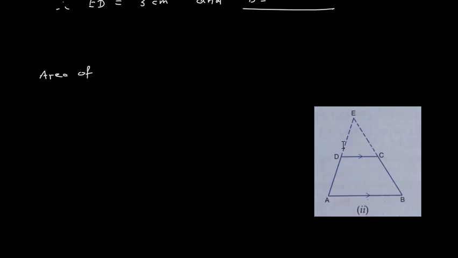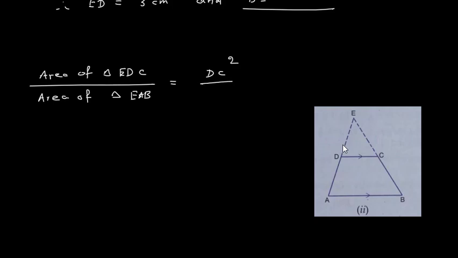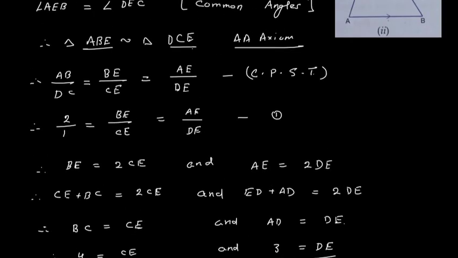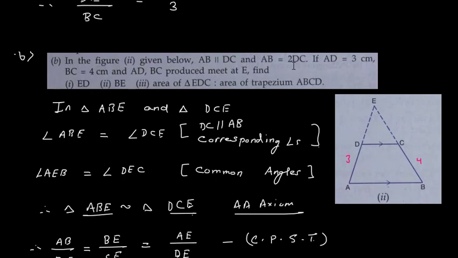So area of triangle EDC divided by area of triangle EAB is equal to DC square upon AB square, which is equal to DC upon AB, all squared. It is 1 upon 2. In the beginning they have given DC upon AB. If I say it is 1 upon 2, so it is 1 square upon 2 square, that is 1 divided by 4.